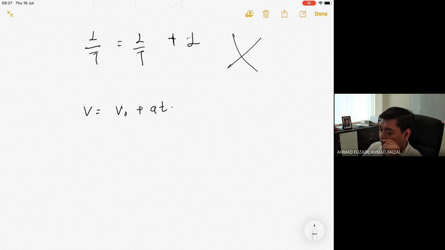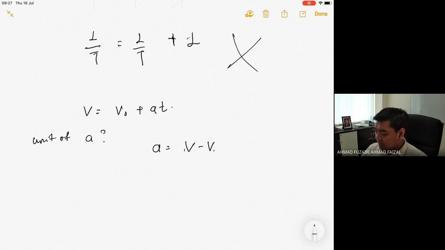So soalan dia minta what is the unit of A. Kalau by right kita tahulah kan, unit dia mestilah ms negative 2. Tapi macam mana kita nak tunjukkan? So kita buat macam mana? So A ialah V minus V naught over T.